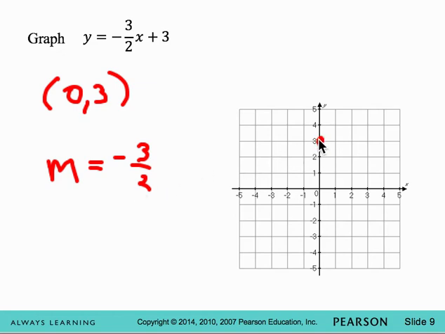So I can either go down 3 and positive 2, or if I want to go positive 3, I'd have to go backwards 2. Make sure if your slope is negative, you only go in the negative direction one time, and you better have a line that's sloping down if your slope is negative.